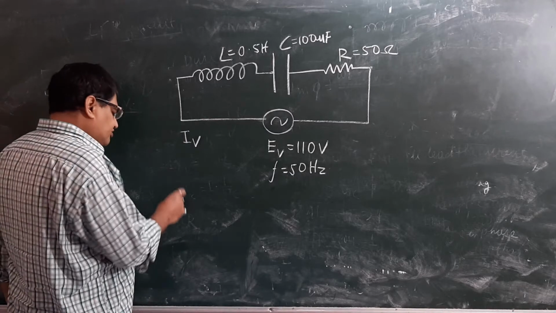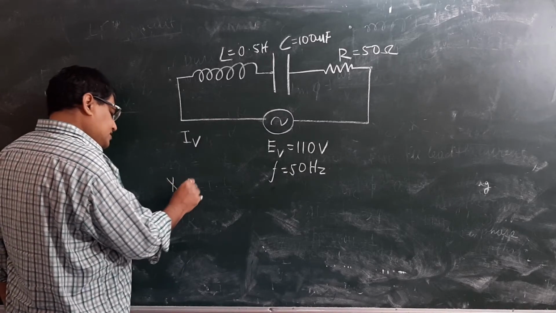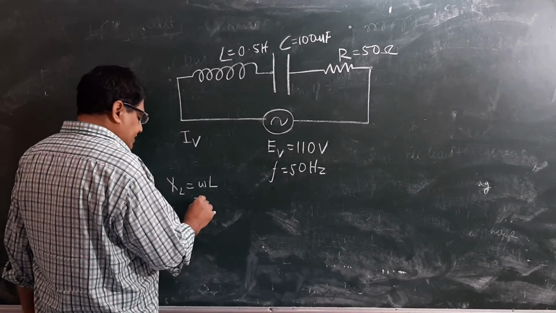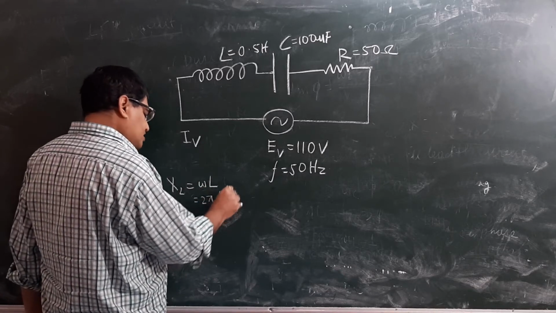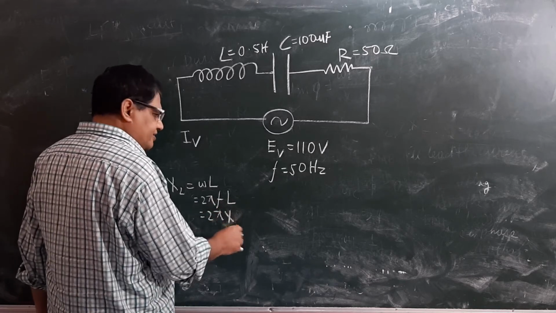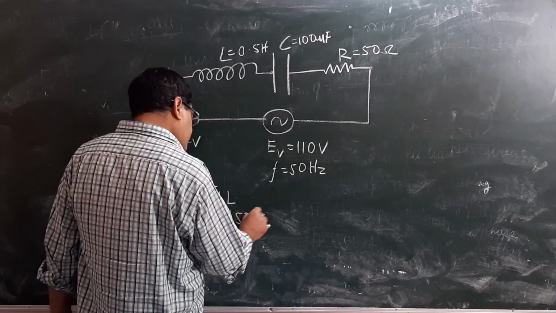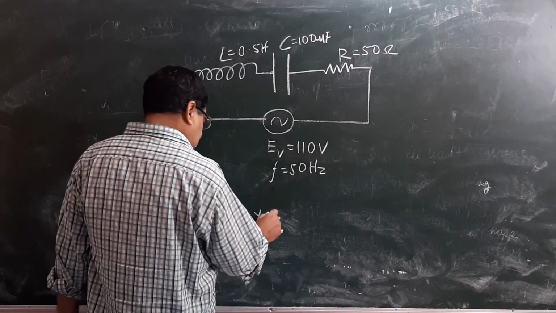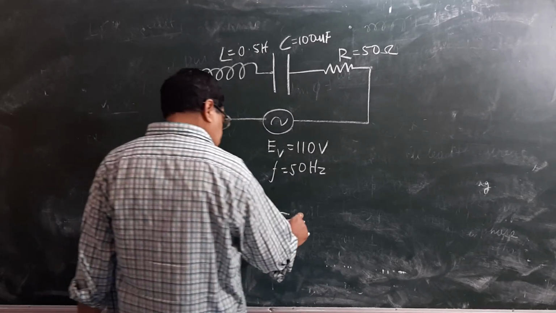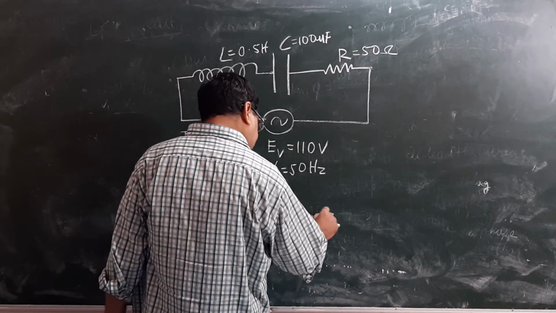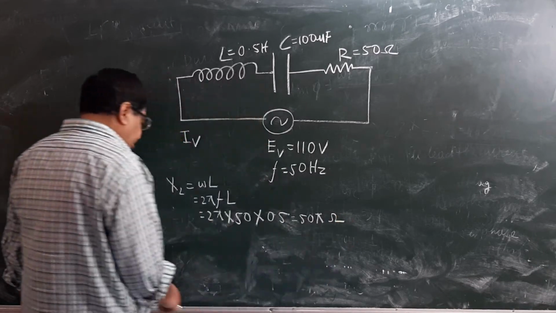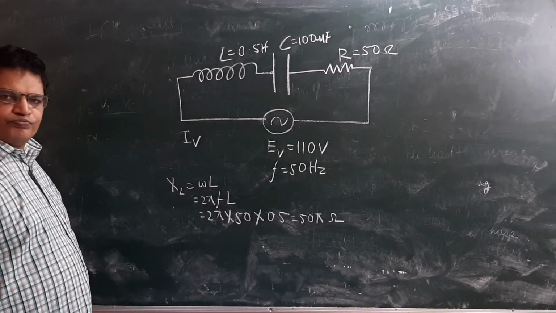Let us find out first of all XL. XL is equal to omega L. So this can be written as 2 pi f into L. So that is 2 pi into frequency, that is 50 Hertz, and L is also given to us, that is 0.5. So that is equal to 50 pi ohm. So we have found out the value of XL.